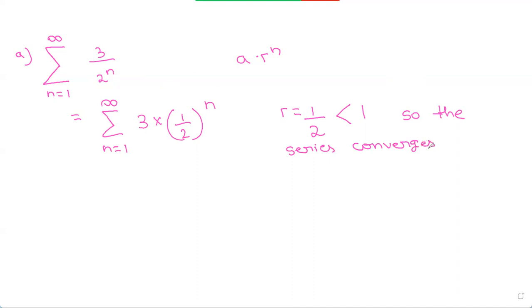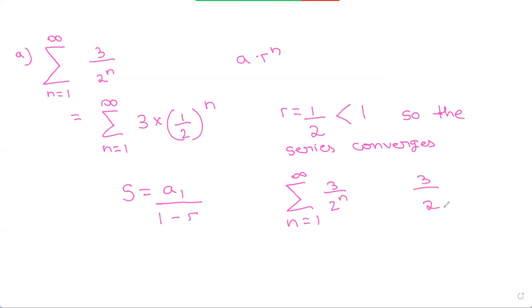And now we have to find what the series converges to, because if it converges, we have a formula. So the sum is a1, which is the first term, over 1 minus r. So how do we find a1? We plug in our value. We know that n starts at 1 and goes to infinity, so we plug in n equals 1 into 3 over 2 to the power of n, and we get a1.